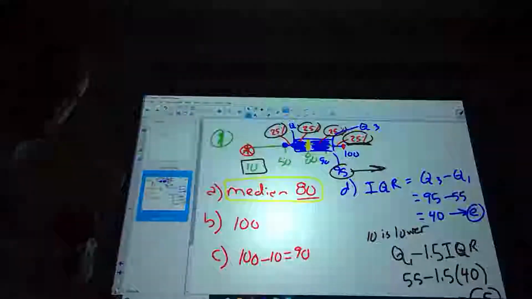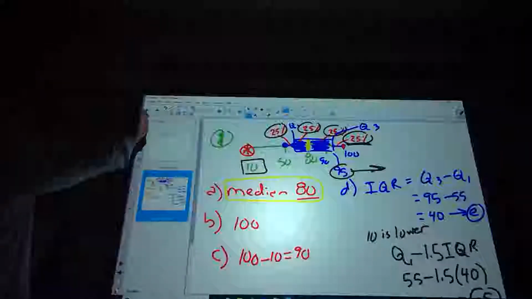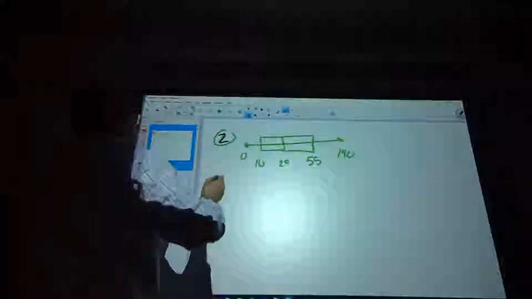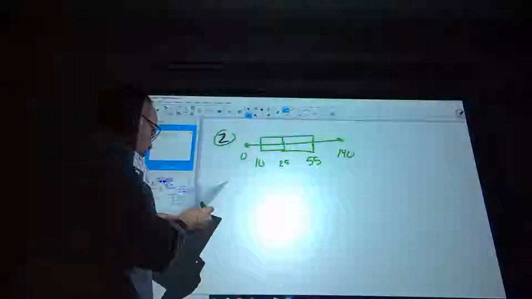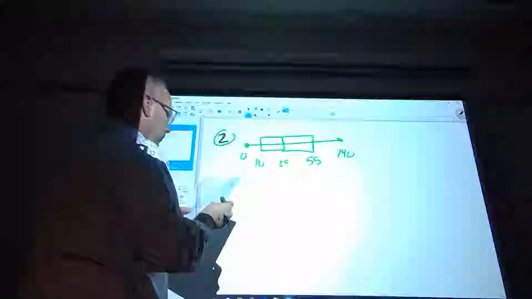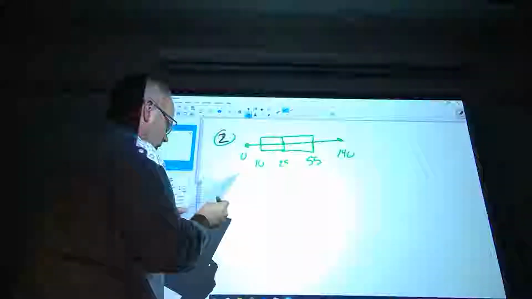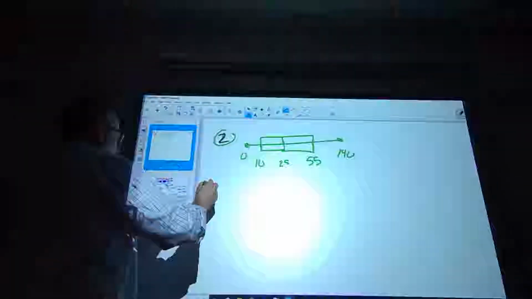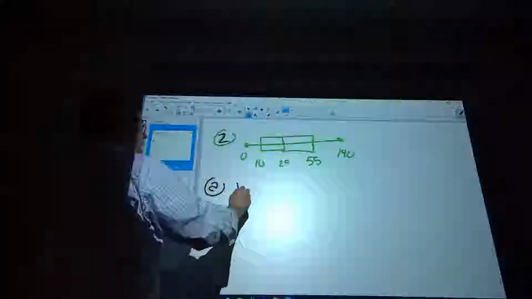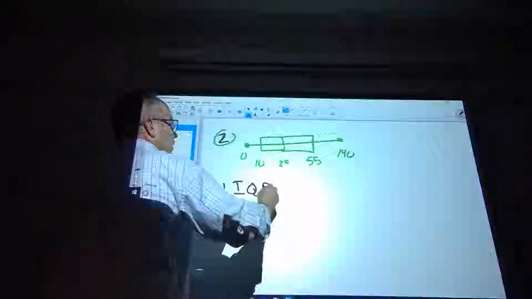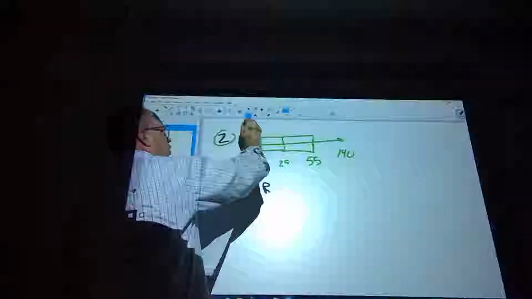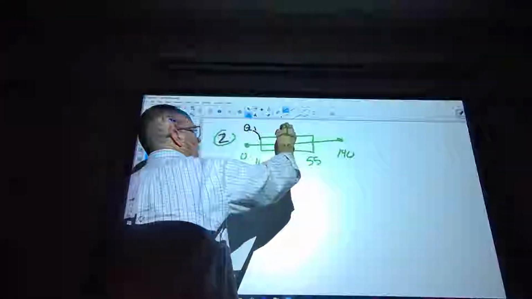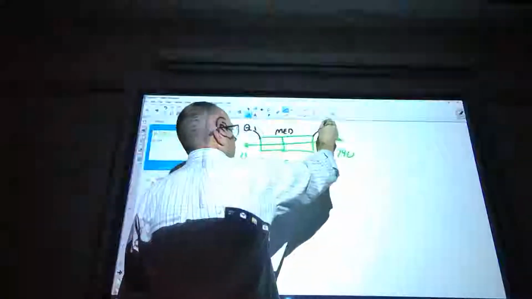Okay? Let's look at number 2. I think I drew number 2 here. Make that number 2. I think that's number 2. 2, 25, 55, 140. Cool. So letter A says, what is the IQR? Well, let's label things I know. That first line's Q1. This is my median. This is Q3.